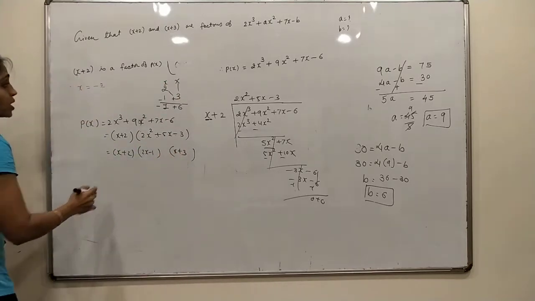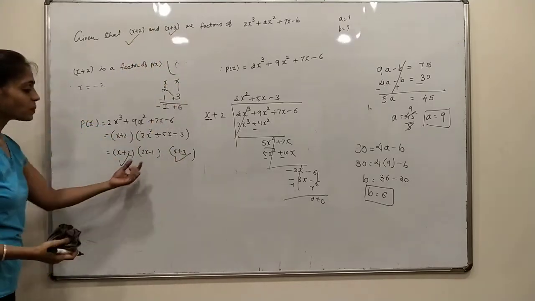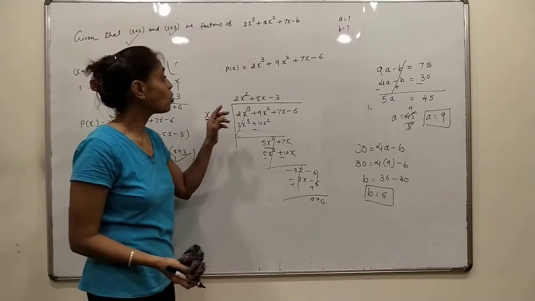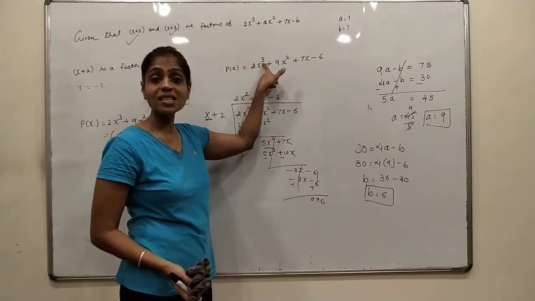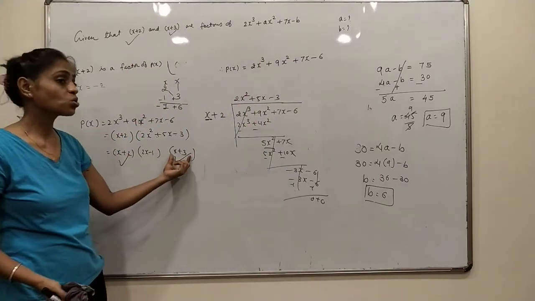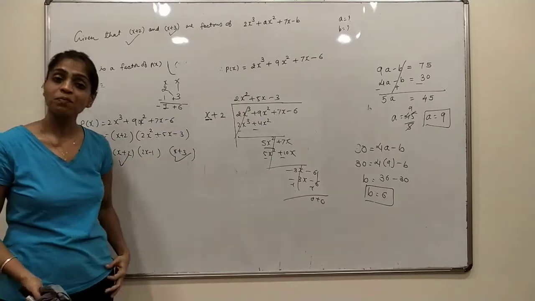Right? So in the question x plus 2 and x plus 3 are the factors. The highest power is 3, so there are 3 factors. Always remember, as many as the power, that many brackets are formed. Right?